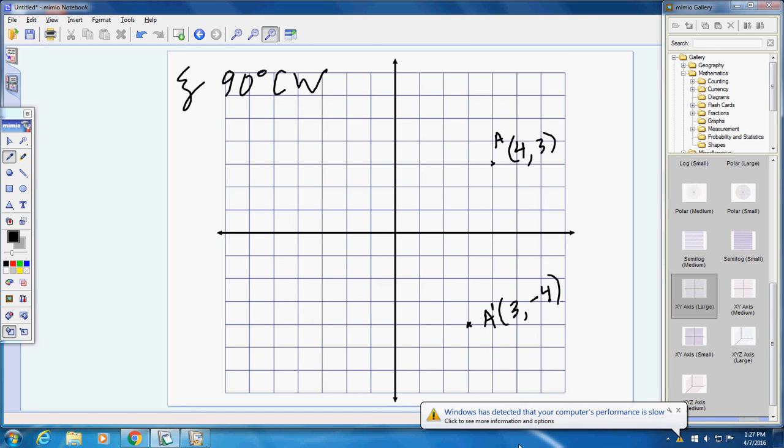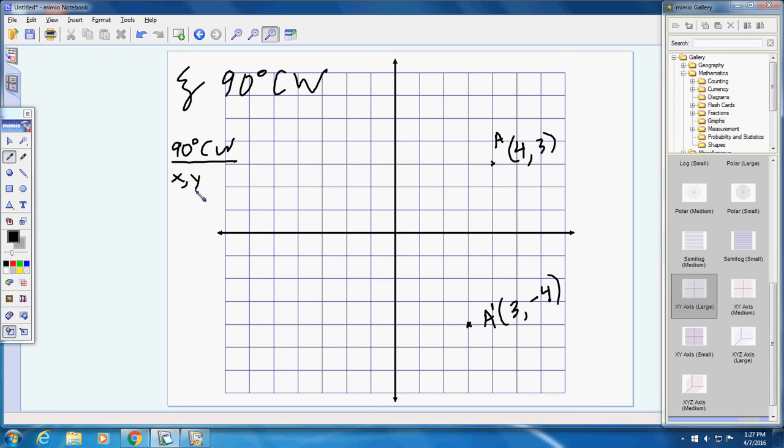Now, or you could recognize, and here it is, maybe make a little table in your notes. Let's say, 90 degrees clockwise, and let's underline this. My original point, x, y, becomes this.